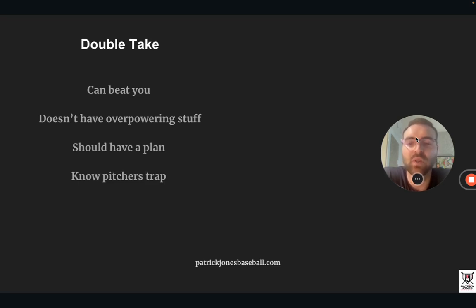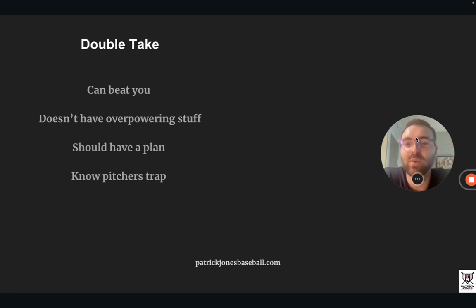They have some pitchability. They still understand how to pitch, and they're going to have a trap for us. So whether that's up and in and then low and away, whatever it may be, we need to understand what their trap's going to be, and we need to have some sort of plan to combat that trap, and have a plan in general when we first go up to the plate. So that's the second type of pitcher, the double take.